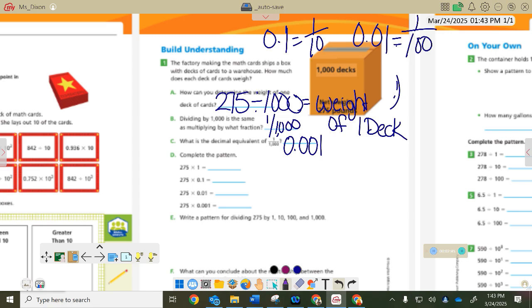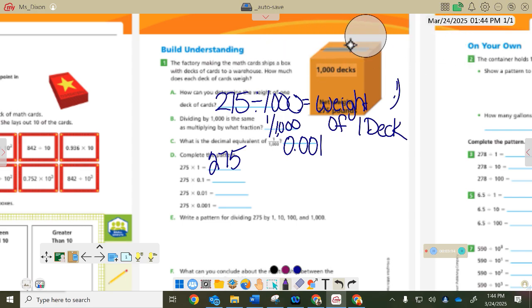D wants us to complete the pattern and do the multiplication. We have 275 times 1. Come on, guys, that is really easy. That's just 275. That is the identity property of multiplication, which says if you multiply any number times 1, you get that same number. The next one is 275 times 1/10. We just talked about it in the problem of the day.